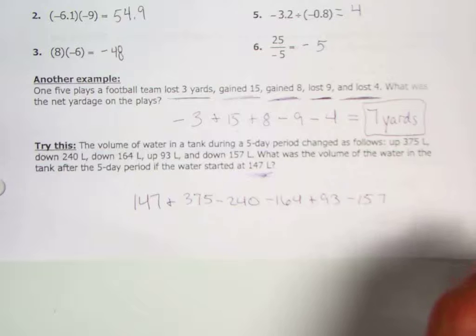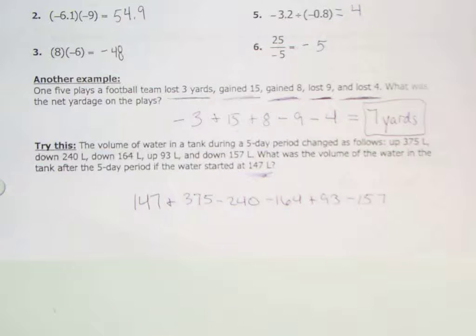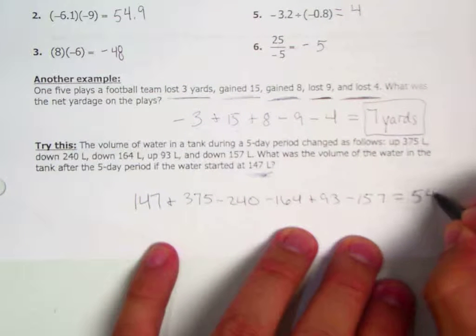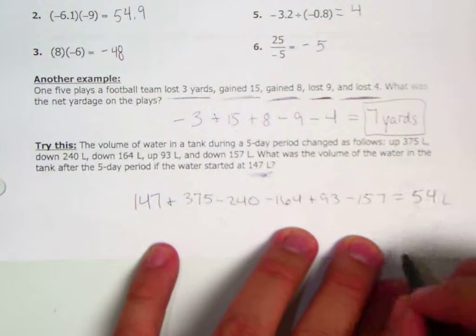Okay, and now real quick, just gonna check using my calculator here just to make things more efficient. 147 plus 375 minus 240 minus 164 plus 93 minus 157, and you will get, at the end of 5 days, 54 liters.